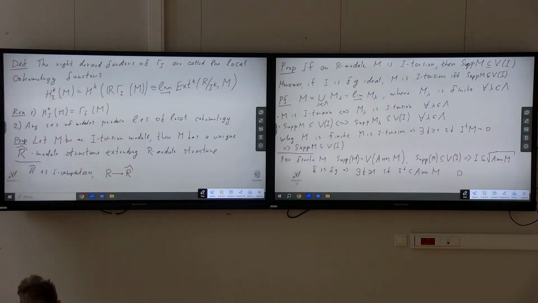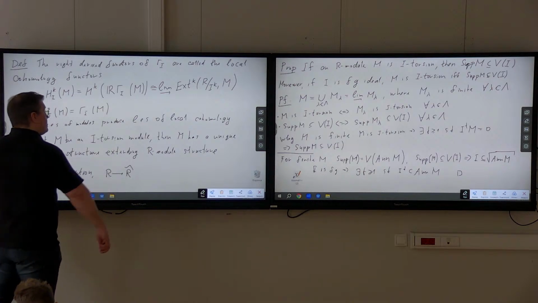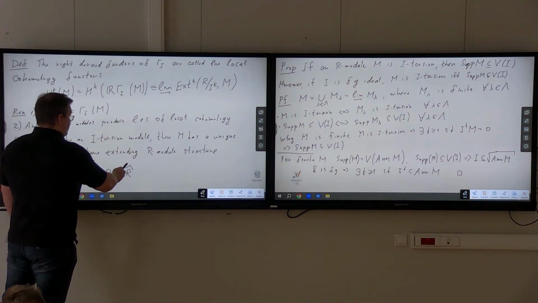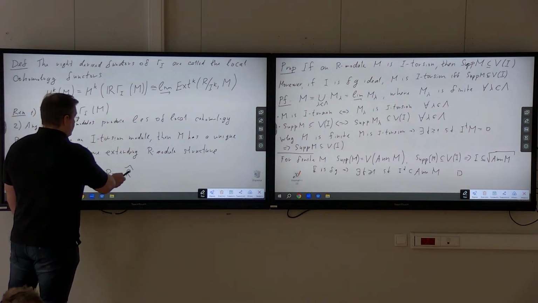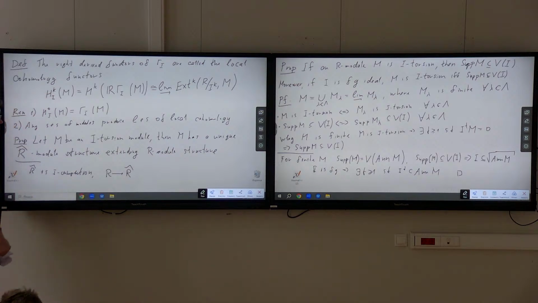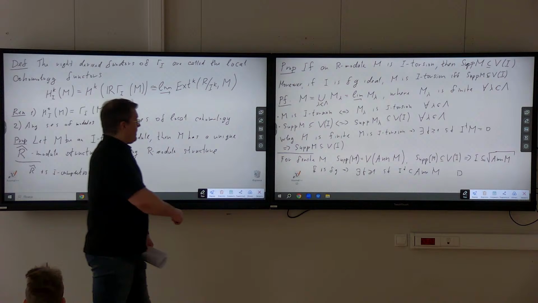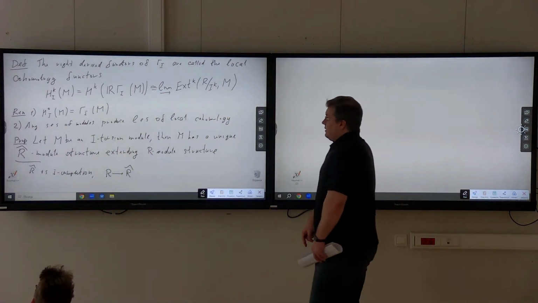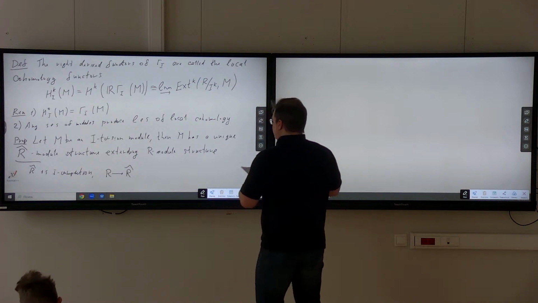So of course, via this map, this last part of the statement makes sense. Right, so we put on the module an R hat module structure such that if you restrict this along this map, you get the standard module structure, which is already given. Okay.